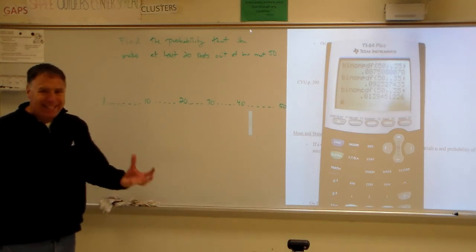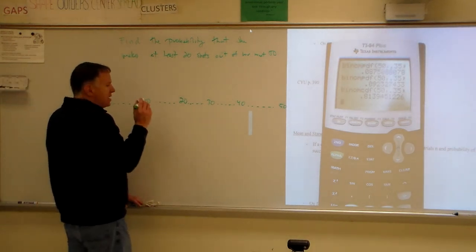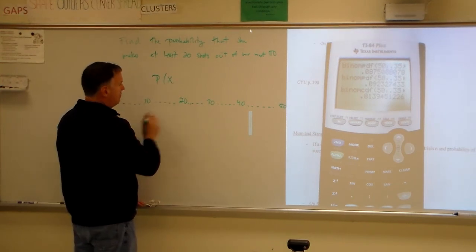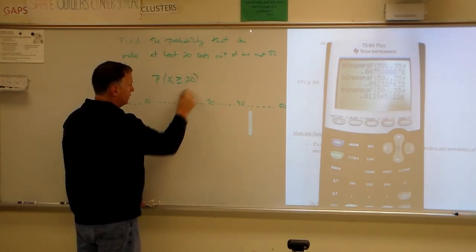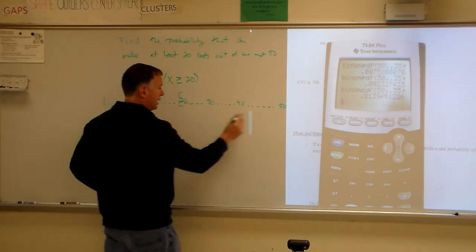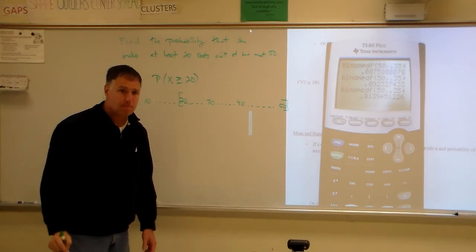What does at least 20 mean? Well, to me, at least means the probability that x is greater than or equal to 20. So it's like taking these probabilities and adding all of these probabilities together.